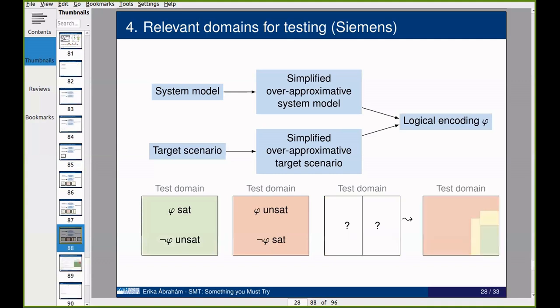And this way I can divide my test domain into areas which contain only interesting parts, areas which are completely uninteresting, and areas where I don't know: there are some interesting test cases but not the whole domain. And this is very helpful because now I can go back to my original system and just consider those parts which are interesting.